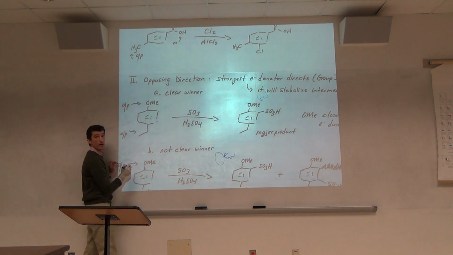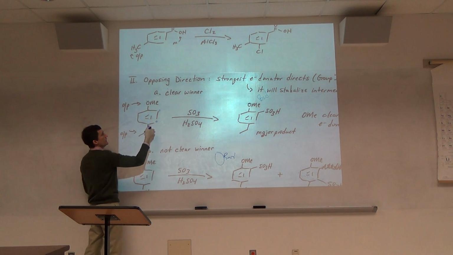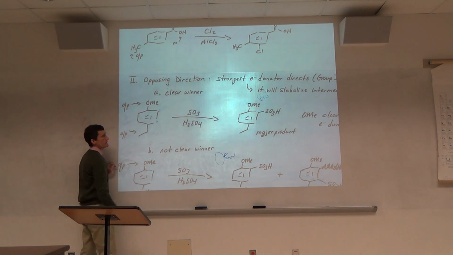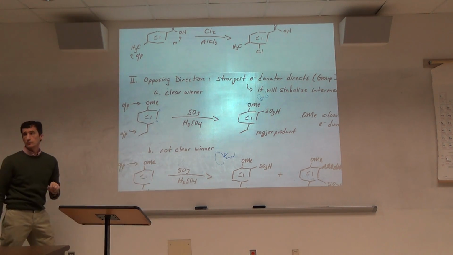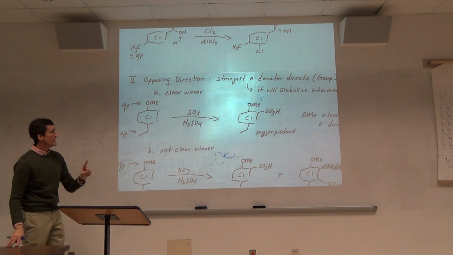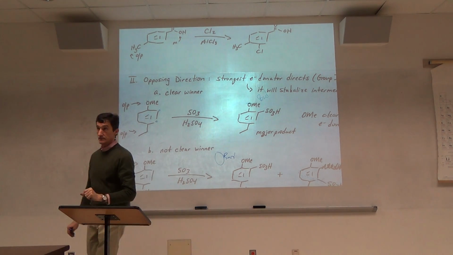Ortho, para, but para is blocked. This group directs where? Ortho, para, but para is blocked. So one group directs here, one group directs here. We're doing a sulfonation. Where does it go? Well, here's your answer. Your strongest electron donator wins out.